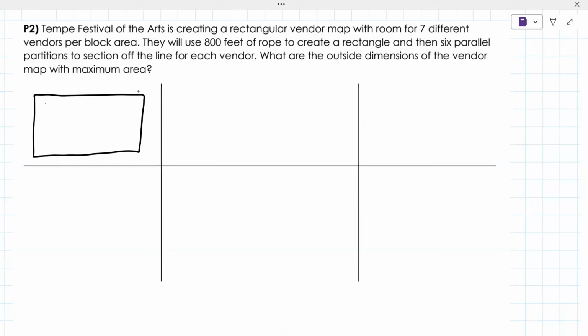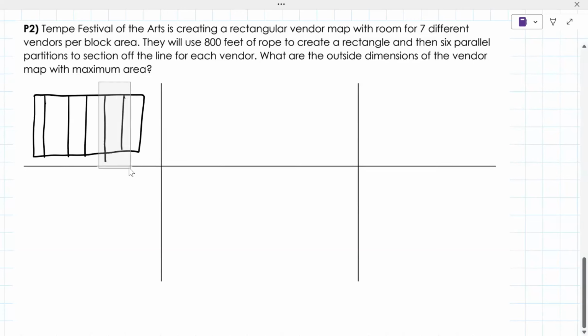They say they'll use 800 feet of rope to create a rectangle and then 6 parallel partitions. Okay, so that means that there's 6 here. Let me see if I can add one there.